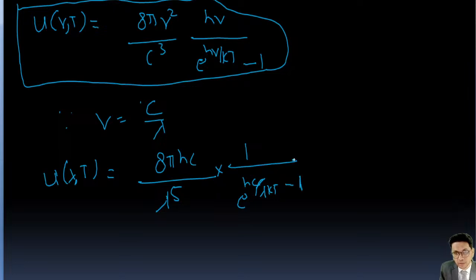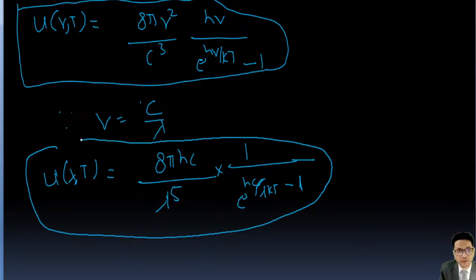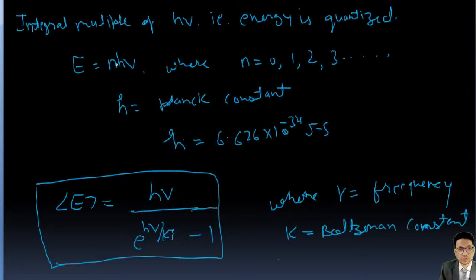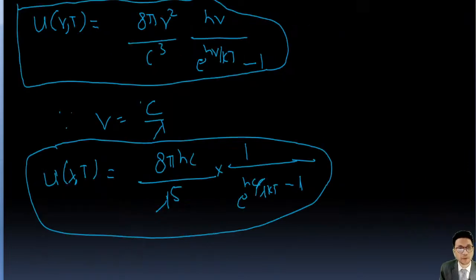Okay, so this is the energy density of radiation in terms of lambda and T. You can note down these formulas, and also the Rayleigh-Jeans law and Stefan's law. All formulas are very important. Using those formulas you can solve many questions.